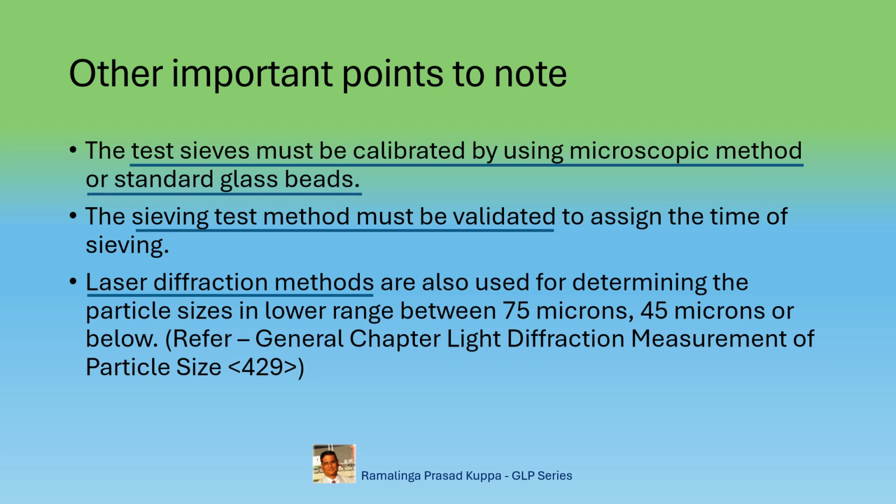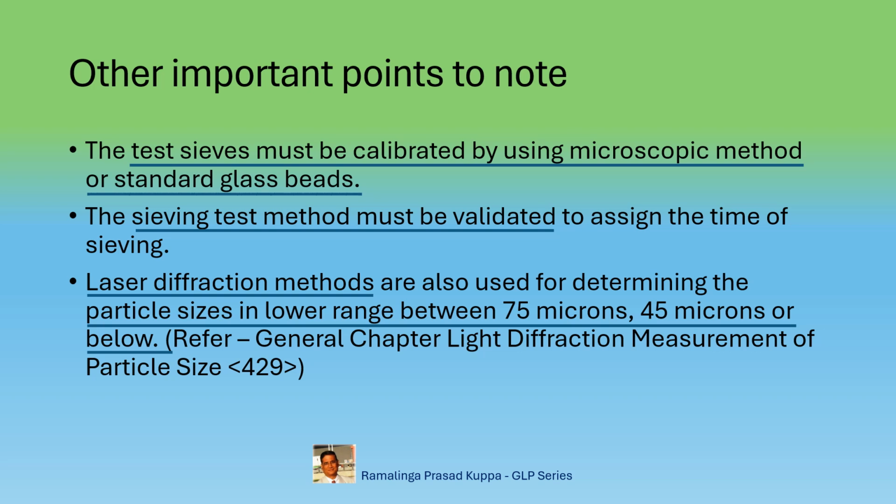Laser diffraction methods are also used for determining the particle sizes in lower range than 75 microns, 45 microns or below. Refer General chapter Light Diffraction Measurement of Particle Size, chapter 429.